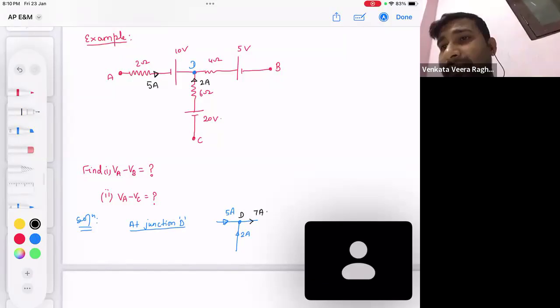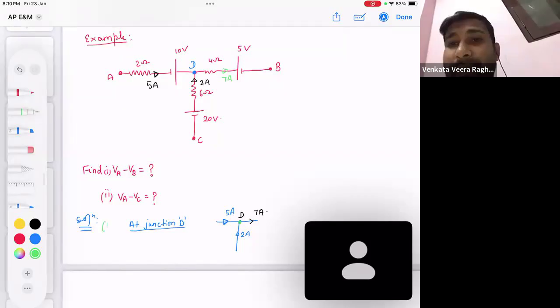That means 7 ampere will be leaving. So this is the 7 ampere. What did we apply at junction D? We applied Kirchhoff's current law, KCL, at junction D.